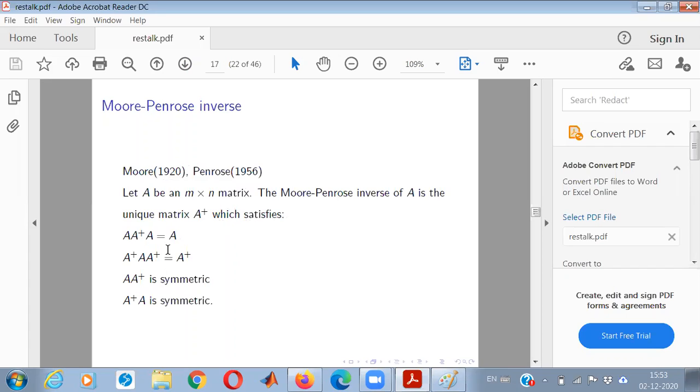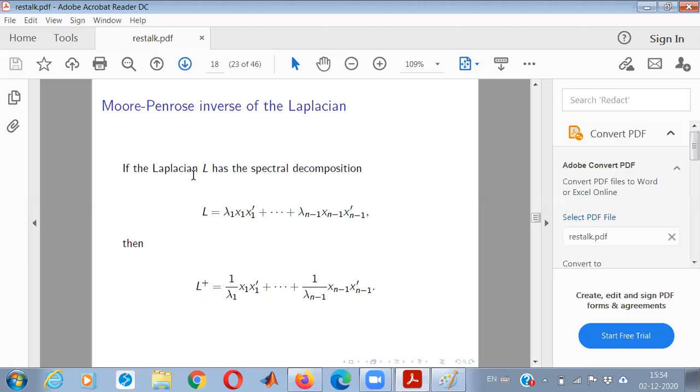So the Moore-Penrose inverse is defined by these four equations. But I think just the definition doesn't do justice to the Moore-Penrose inverse as a concept, because it's a very rich concept. It can also be defined through singular values. For combinatorial matrices, if you take the Moore-Penrose inverse, they have a very nice combinatorial formula. So the singular value definition is like this. You can take the spectral decomposition, and this can also work with singular value decomposition.